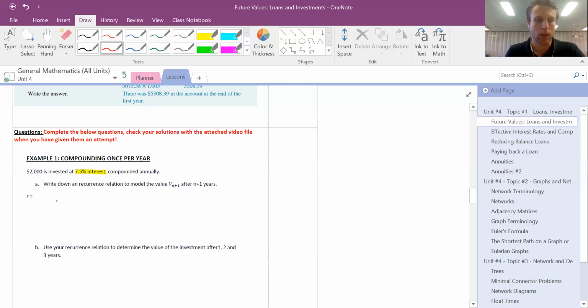So what we're going to be doing instead is we're going to say, well, our R value, especially when we're looking at something where it's appreciating and it's going up, it's going to be 1 plus whatever that interest rate is as a decimal. So we're going to have to do that by changing 7.5% and reducing that down to its decimal by dividing by 100.